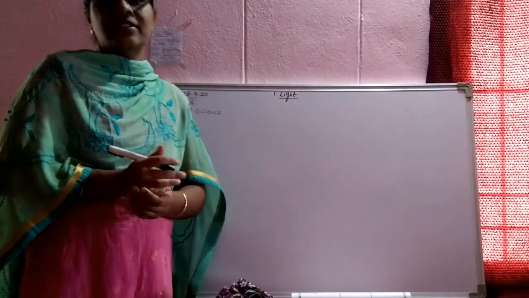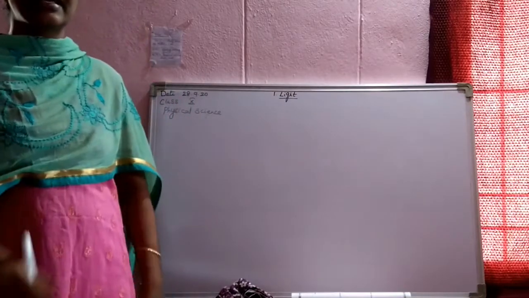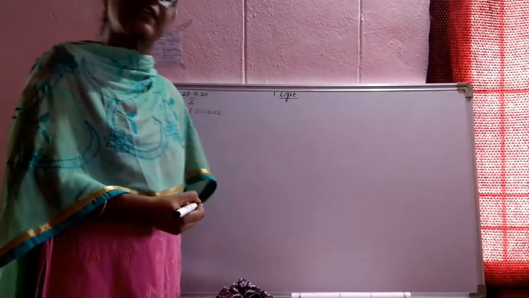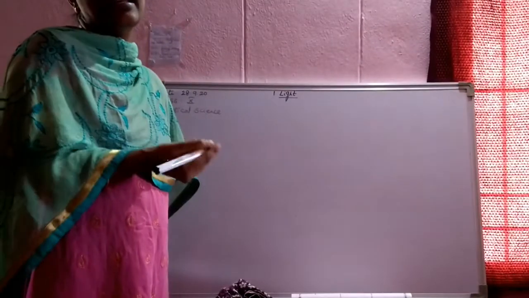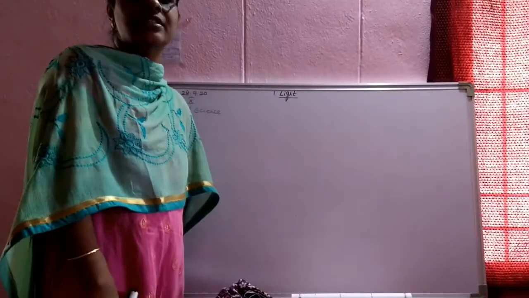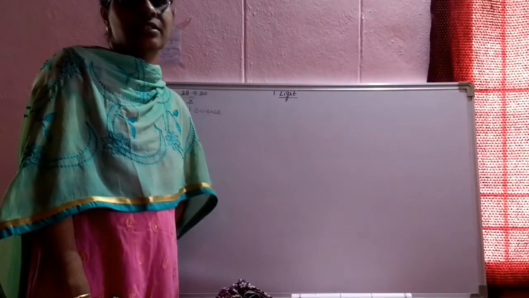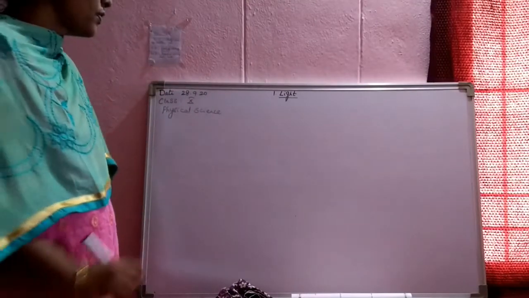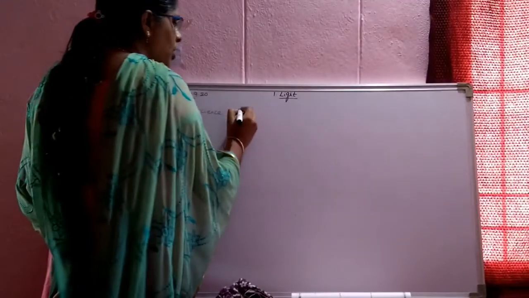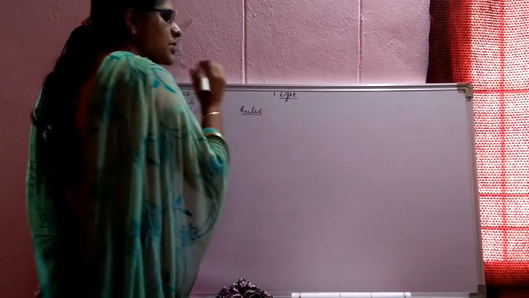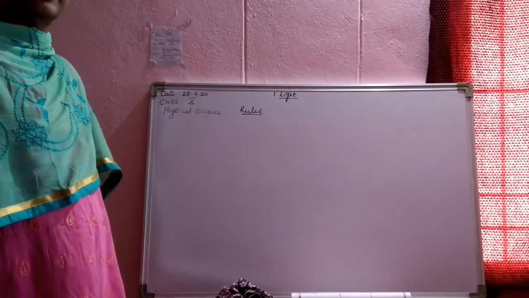Good morning, students. In the last class, we studied spherical mirrors, concave and convex mirrors. I have told you the rules for drawing ray diagrams in the case of a mirror.